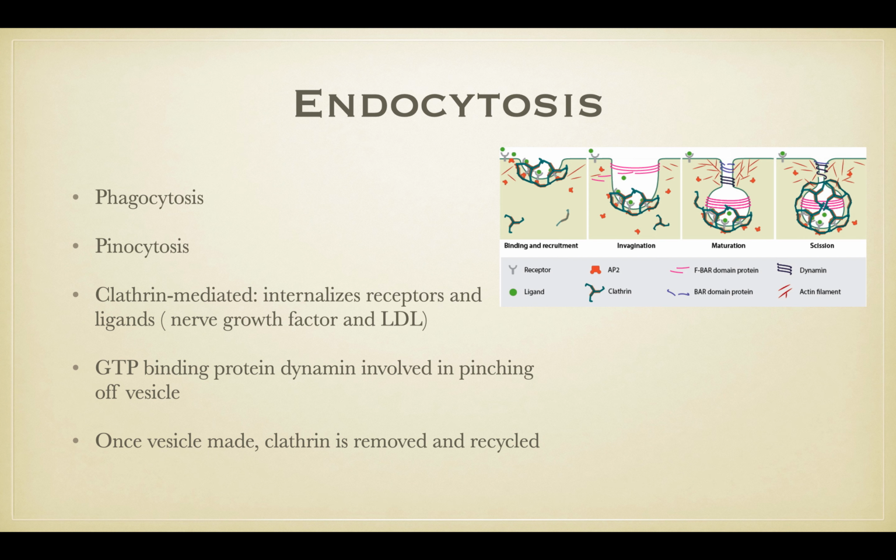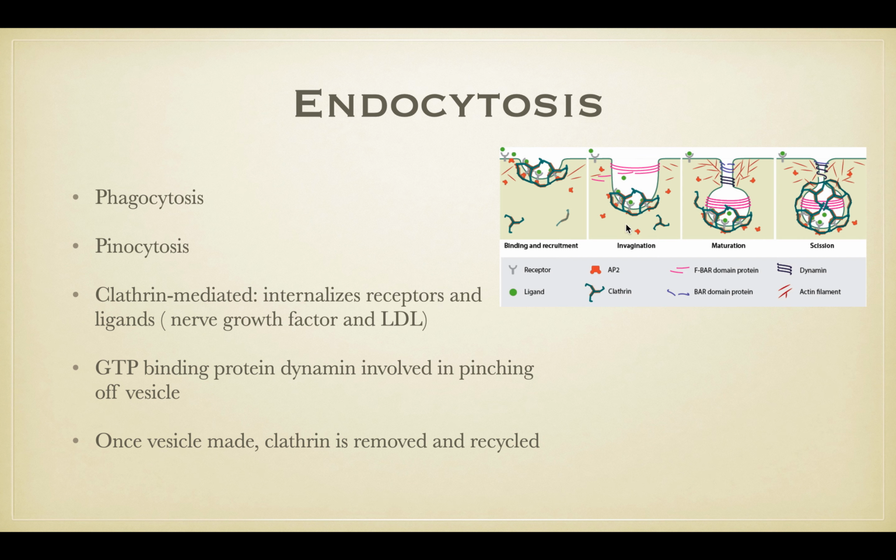Endocytosis is a little bit easier because they use something called clathrin, which is a protein, and it just kind of works like a fishing net, sort of, because you don't really throw it out, but whatever's floating around gets caught into it, and then it binds to the clathrin.